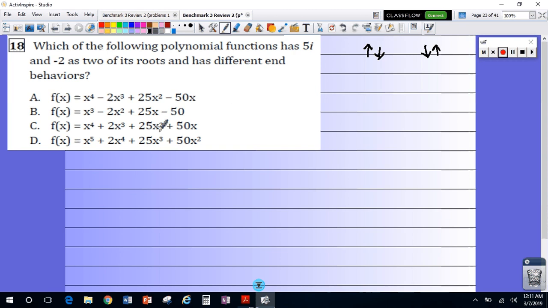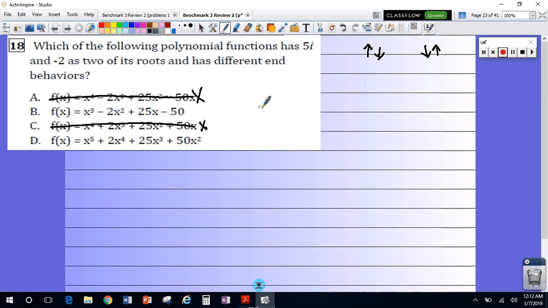But in the given four options, if it is different, I can rule out A and C because they are even degree polynomials, fourth degree polynomials, right? So that's why straight away I can eliminate answer A and answer C. So among options B and D, one has to be right.